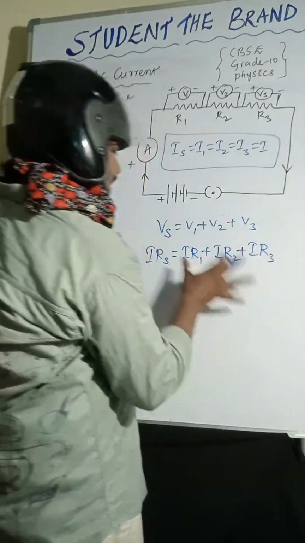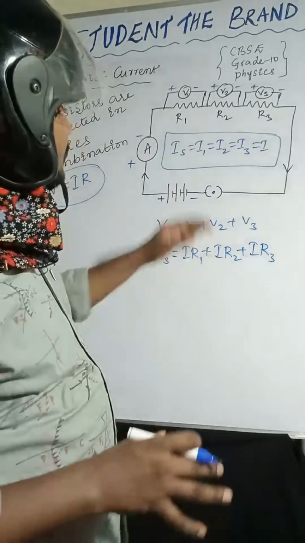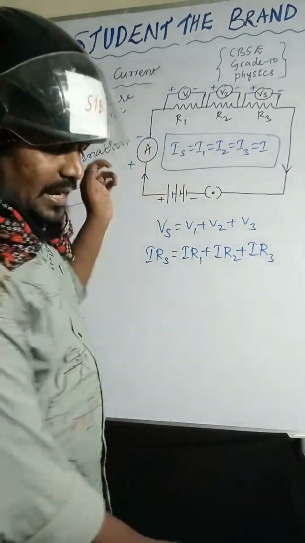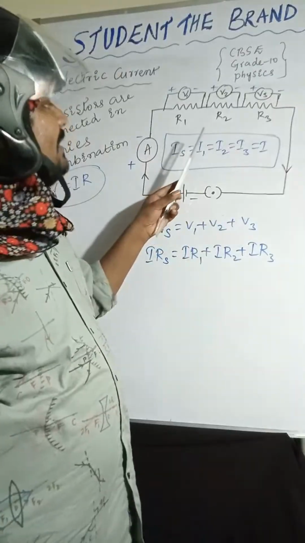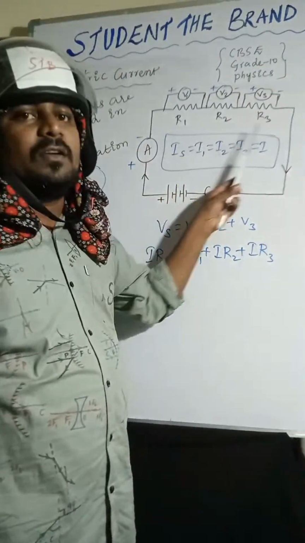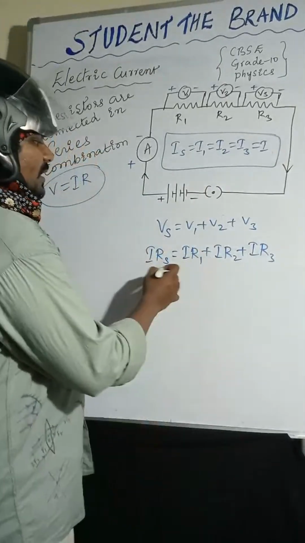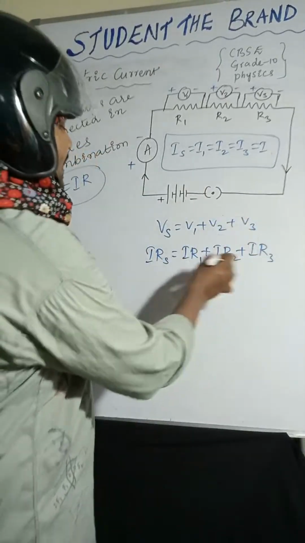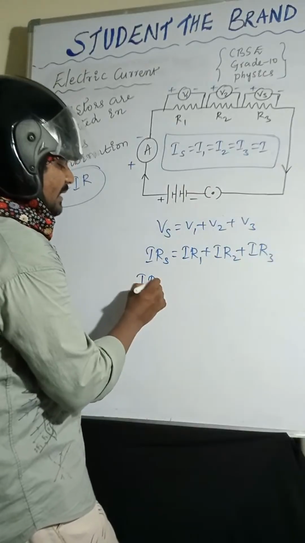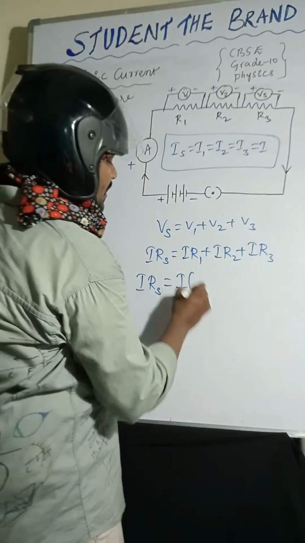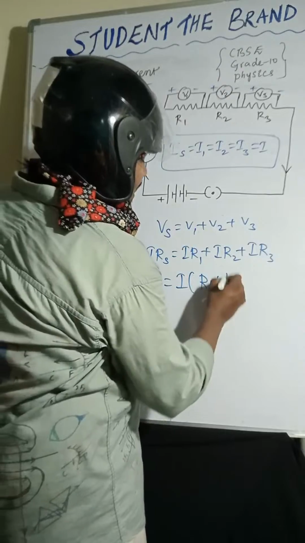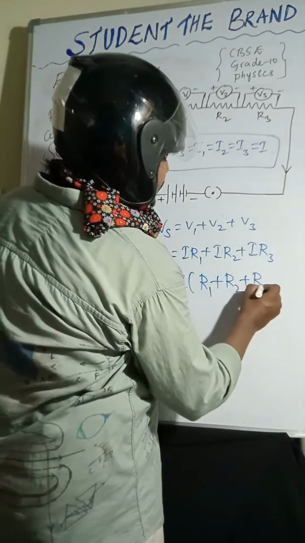Here I already said Is equals I1 equals I2 equals I3 equals I. That's why I am taking it here. So in this equation we can take I common, R1 plus R2 plus R3.